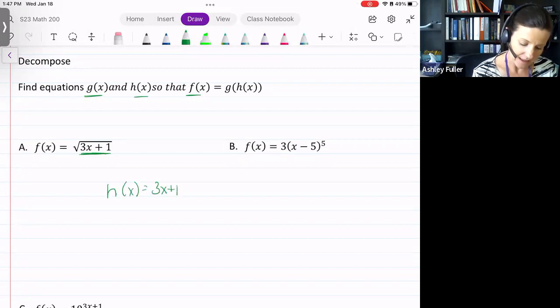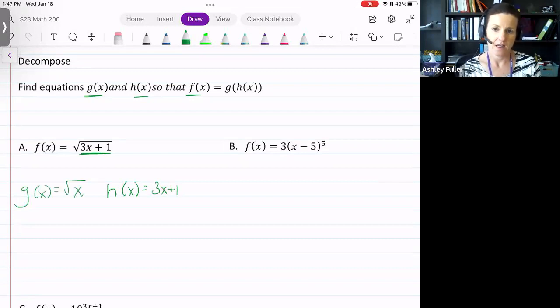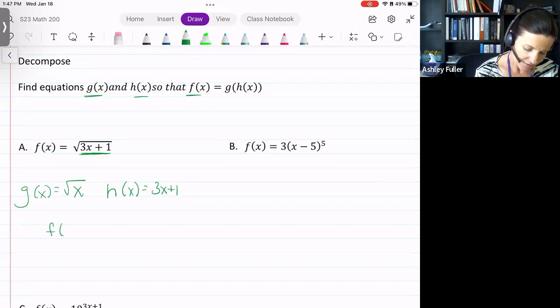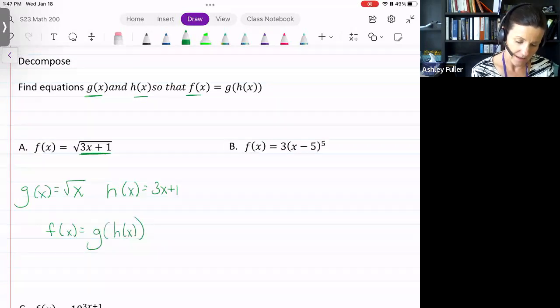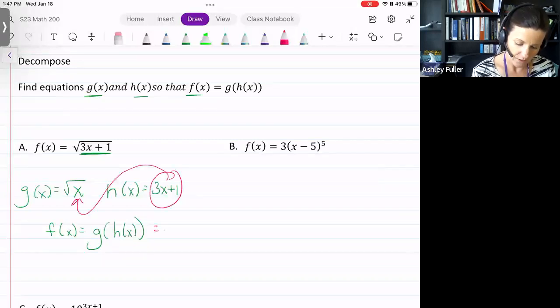And then I am taking that linear function and I am applying the square root to that. In other words, f of x is equal to g of h of x. I take h of x and I apply this rule to it, resulting in the square root of 3x plus 1.